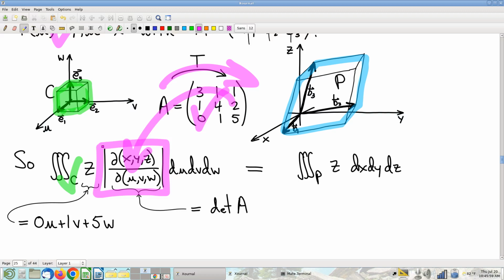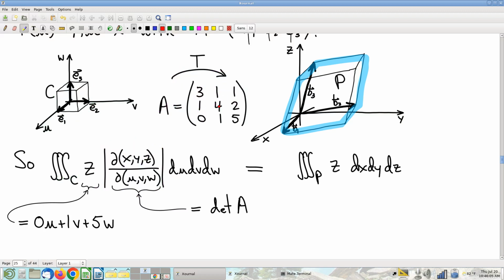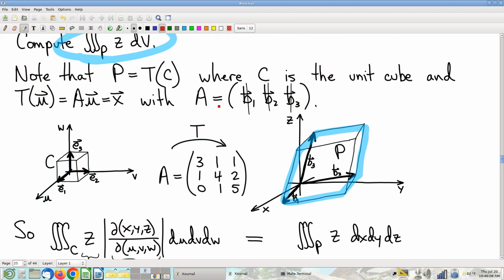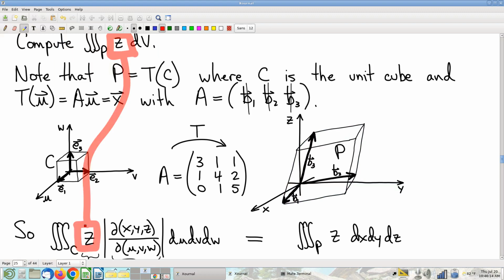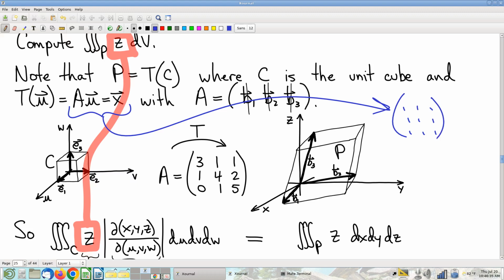Then there's the question of, wait a minute, what do I do with the original integrand? My original integrand here, you'll notice, is z. That doesn't go away. How do I write z? What is z? Very importantly, z is one of the output variables. Let's look at this equation right there that says, and I'm going to come over here where I have some space, I've got a matrix times UVW that equals XYZ.